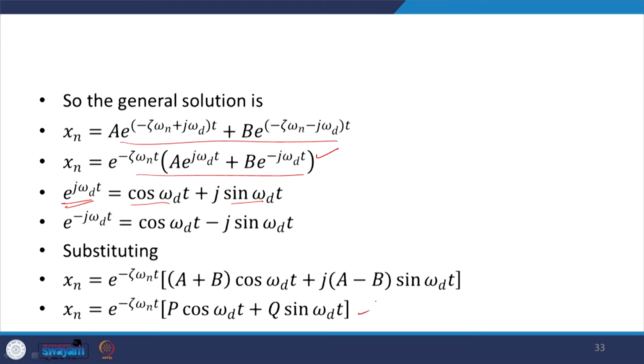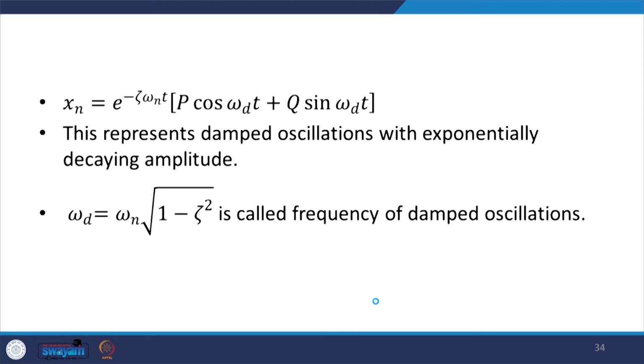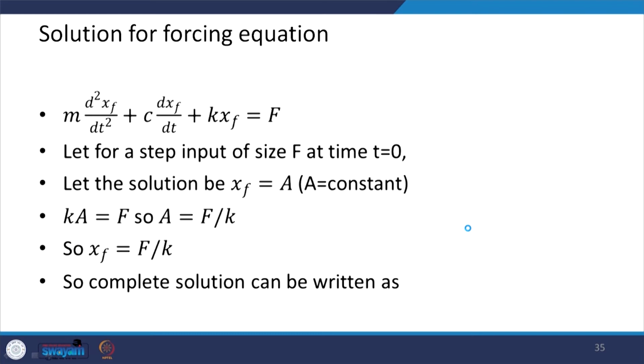And this is going to be my natural response in that particular case. So, this is the natural response, and this one is called the damped frequency of oscillation, as I have explained to you.